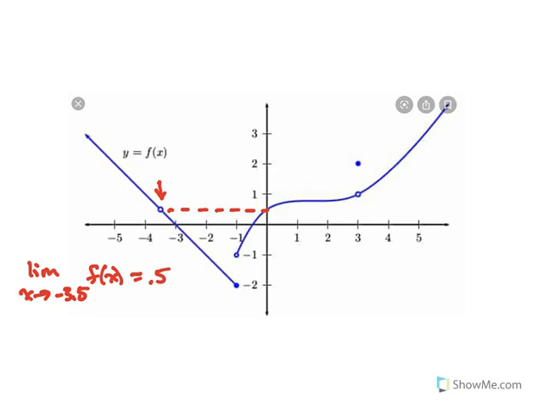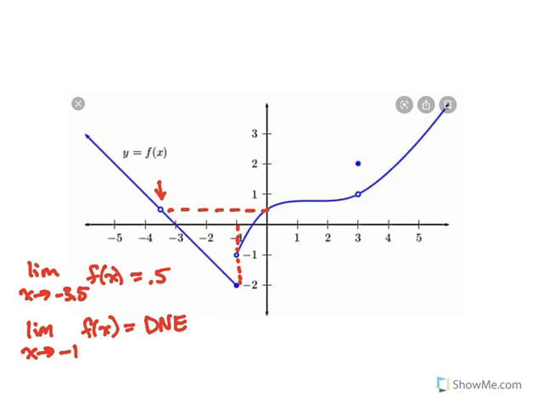Okay, then if we look at negative 1, the limit as x approaches negative 1 of this function, is there a single finite y value that matches up? So we would say does not exist. That's called a jump discontinuity. You jump from one y value to another.